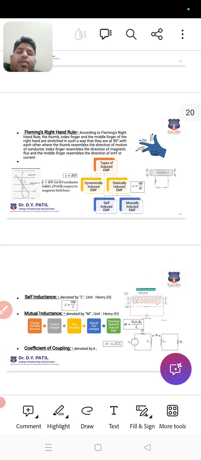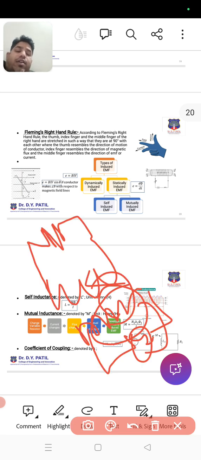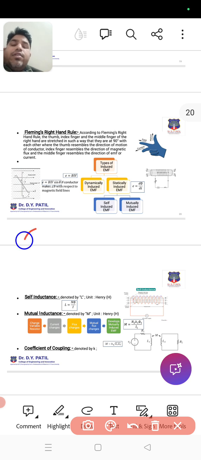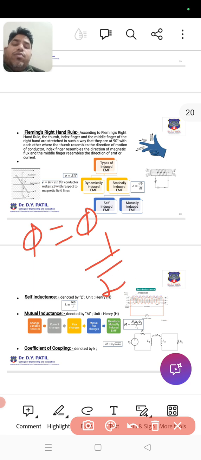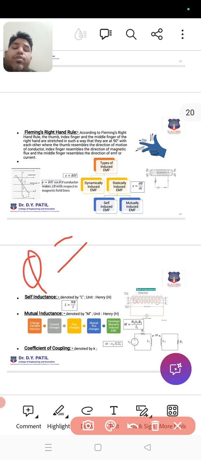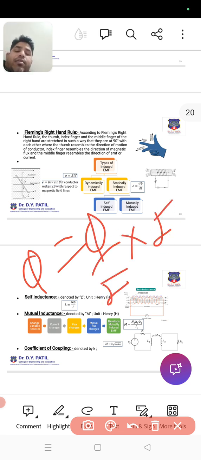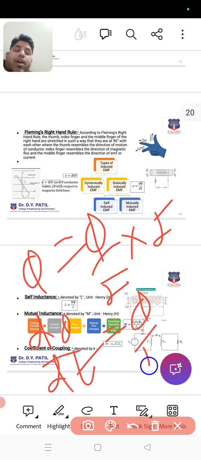So for self induction and mutual induction, what will be the derivation? In case of self induction, phi is equal to phi divided by I into I. As per that, we have to differentiate d phi upon dt. d phi upon dt is equal to phi upon I into di upon dt.